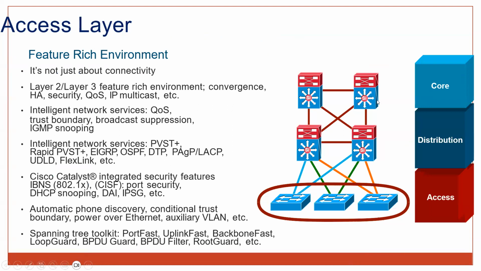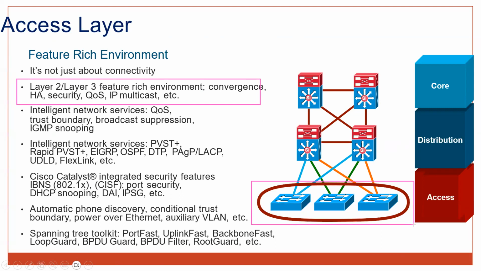Now let's quickly see the core, distribution, and access layers, and what type of protocols we can use. You will see here that we can use layer 2 features. In this diagram, the bottom is highlighted, which means we are discussing the access layer features.